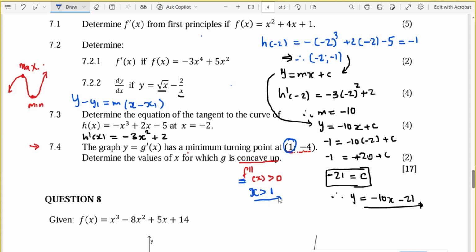That's the answer. And when they say the graph is concave down, x must be less than 1. So this one is for concave down, and this one is for concave up. You just have to understand that for concave up the second derivative should be greater than 0, and for concave down the second derivative should be less than 0.